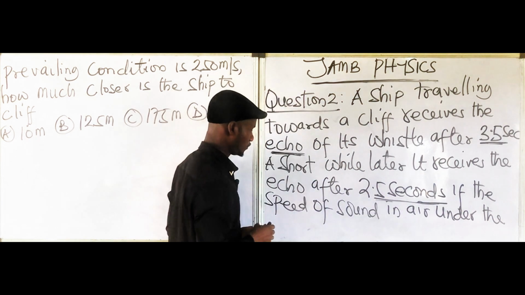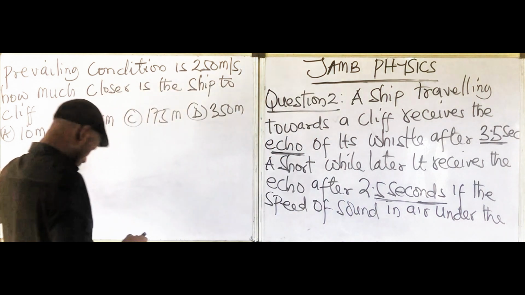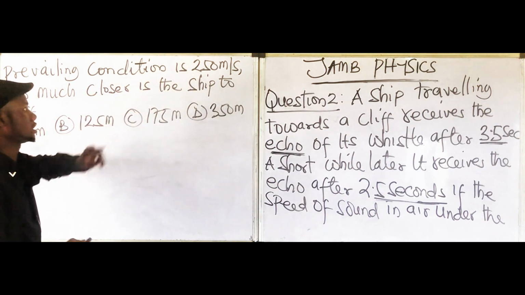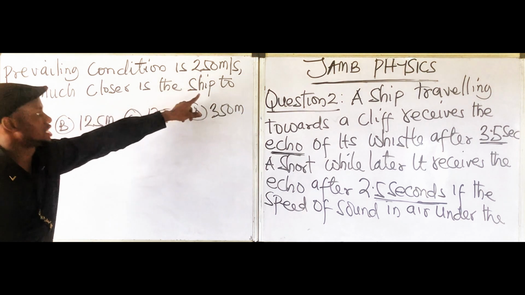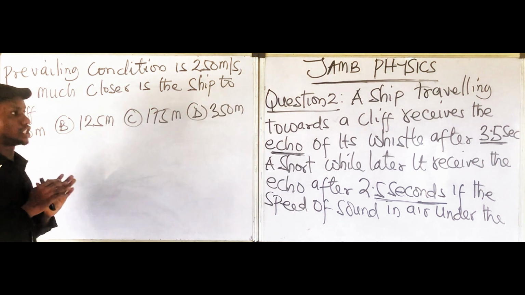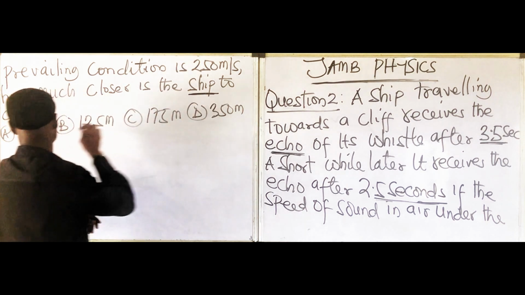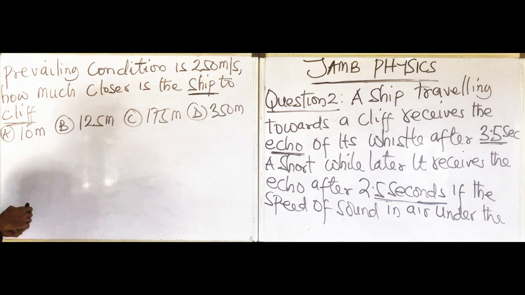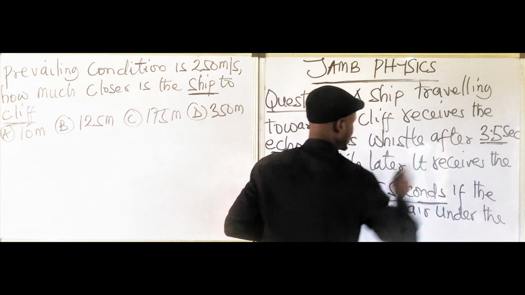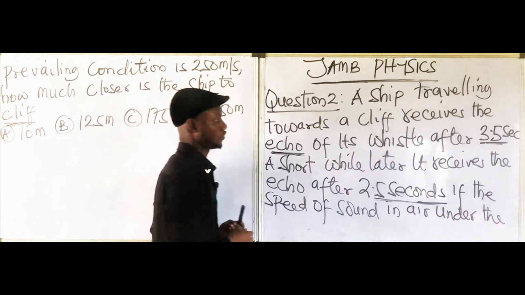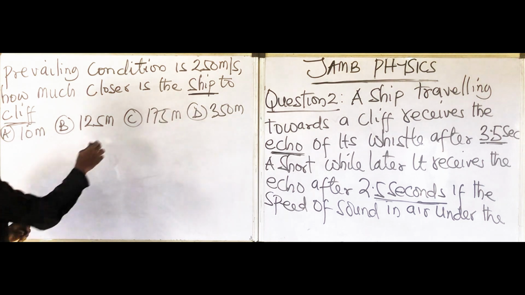If the speed of sound in air under the prevailing condition is 250 meters per second, how much closer is the ship to the cliff? This sound is between the ship and the cliff. They gave us two times, T1 and T2, and we should find the distance between the ship and the cliff. So let's solve this question, class.